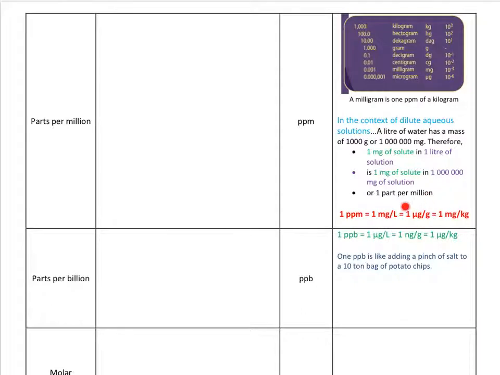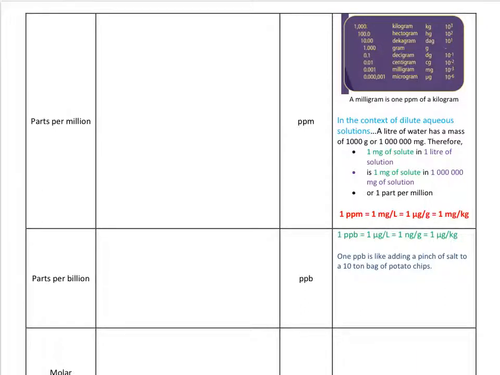If you've got 1 microgram per gram, and a microgram is 1,000 times smaller than a milligram, as seen up here, you've got a part per million. Or if you've got 1 milligram per kilogram. And for me, the two units that you definitely want to remember, that are equivalent to 1 part per million, are 1 milligram per kilogram and 1 milligram per liter.